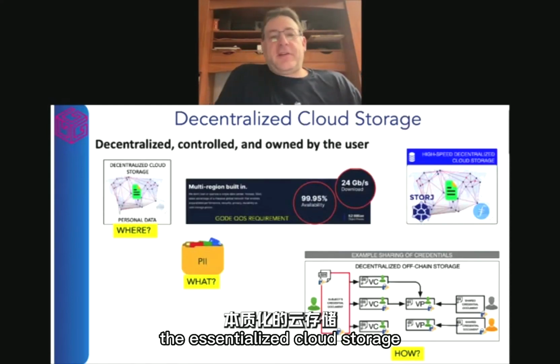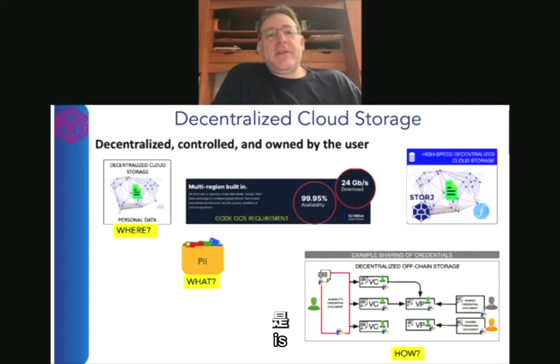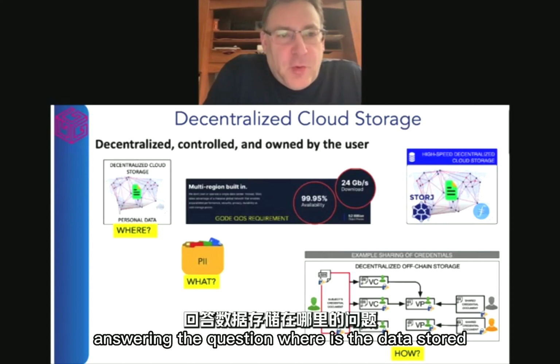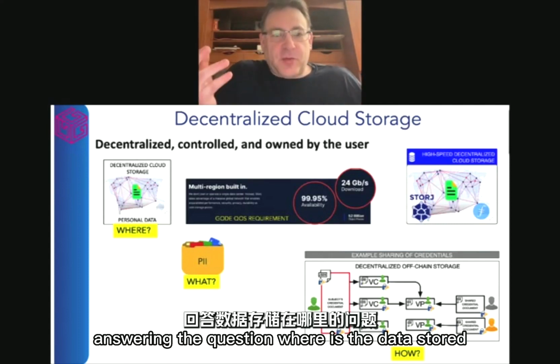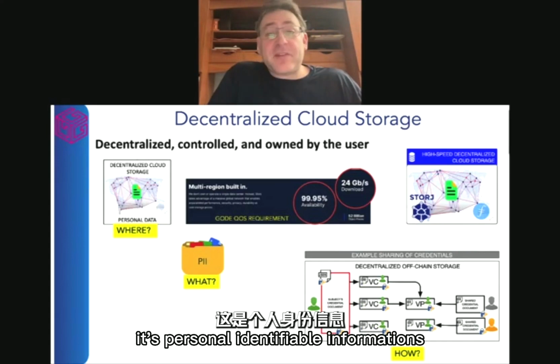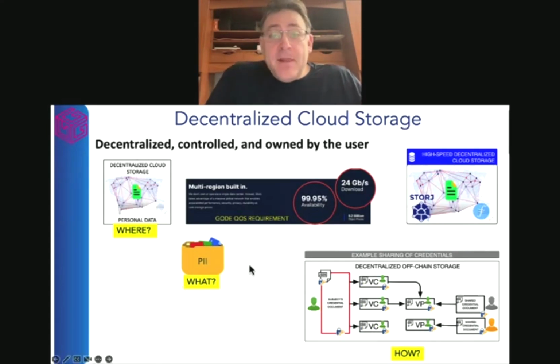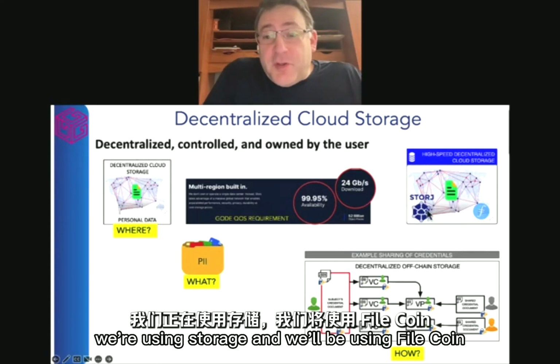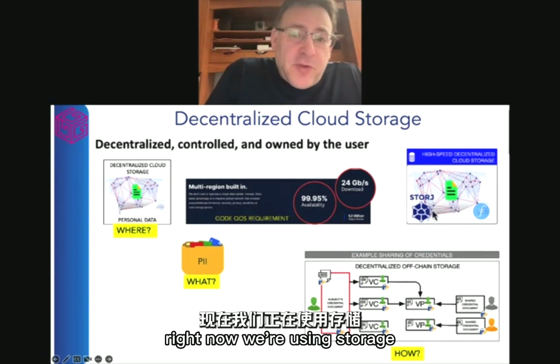Decentralized cloud storage is answering the question, where is the data stored? Well, it's going to be stored in decentralized storage. Well, what is the data that's going to be stored? It's personally identifiable information. It's all the data that we have. And we're using Storj and we'll be using Filecoin. Right now we're using Storj.